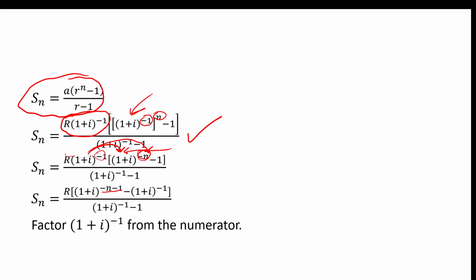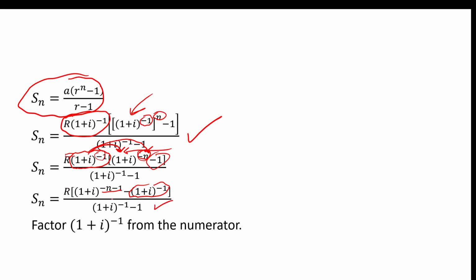And then this 1 plus I to the negative 1 multiplied by negative 1 gives us minus 1 plus I to the negative 1 in that as well. R is not distributed into the numerator; R stays on the outside. The denominator is as you see here.